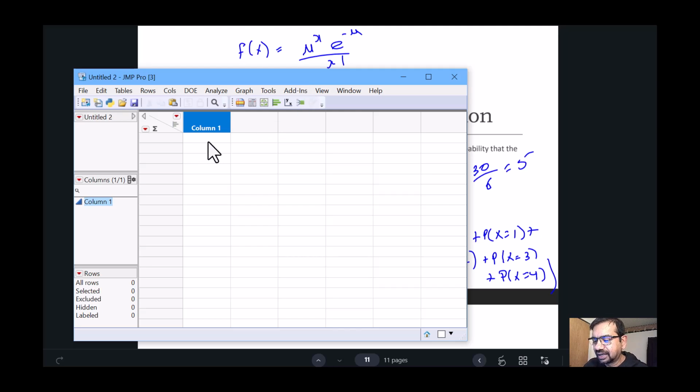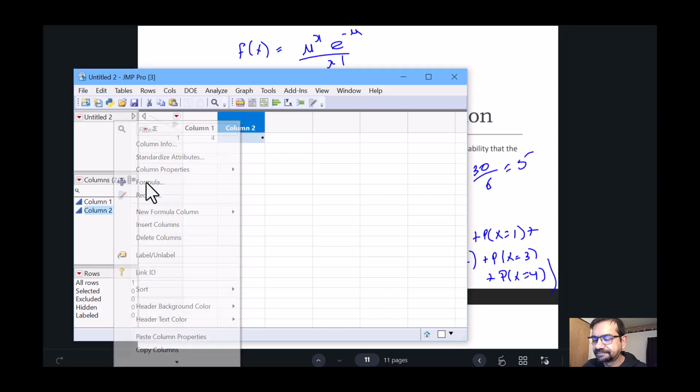So I'm just going to type in 4, because we want to get our cumulative distribution up to 4, and then we can do 1 minus the cumulative distribution up to 4 to get the probability of getting more than 4 emails. So again, I'm going to create a new column, right click, formula.